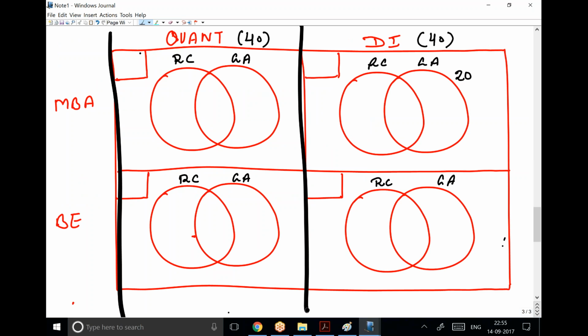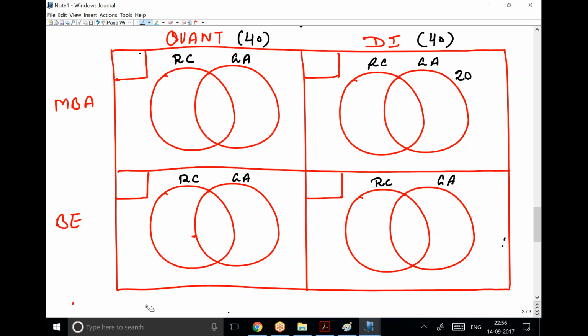So if professors fall in this particular box, they are not having both the features. The meaning of this is they are not from a good college and having a good academic record. No one is like that. That means this particular section comes out to be 0. So this number is given to us as 0 in this particular part.